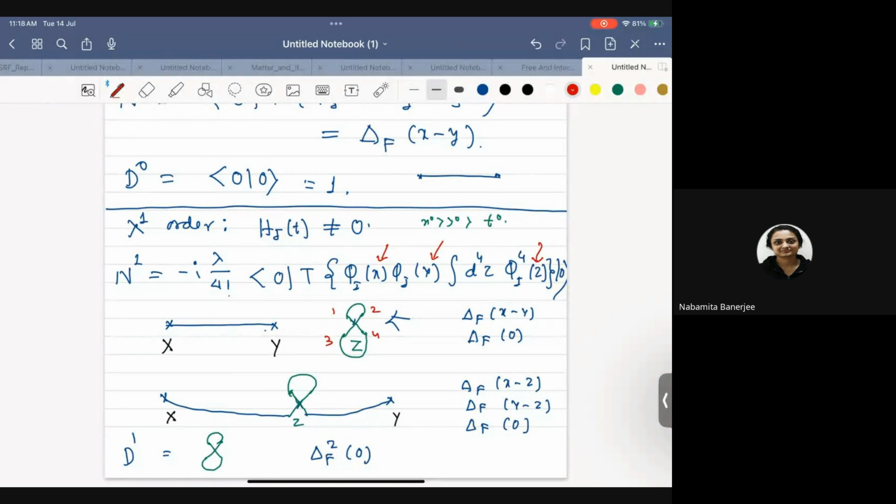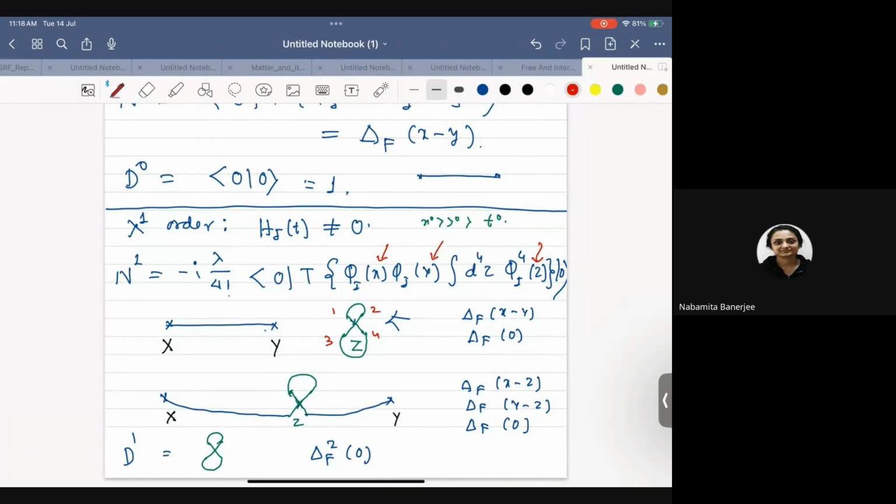But how many lines are coming out from this vertex? This is called a vertex. Vertex means that which is going into the interacting part of the Hamiltonian. So in the interaction vertex, all the lines are of equal status. So who told me that I only have to contract 1 with 2? I could have contracted 1 with 3, or I could have contracted 1 with 4. Isn't it? So this is a possibility where I have contracted 1 with 2 and 3 with 4.